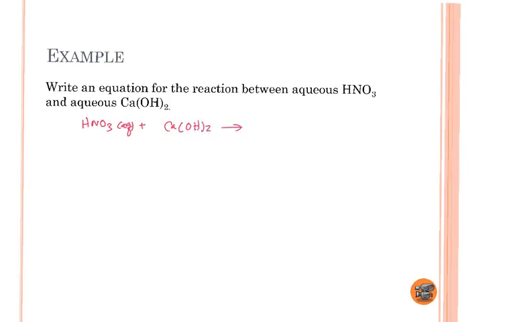Okay, and this is also aqueous. And we do it like we've done precipitation reactions. The outside ones combine and the inside ones combine. So now we have H, OH. The H is from here. The OH is from here.